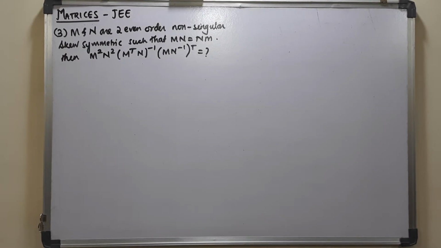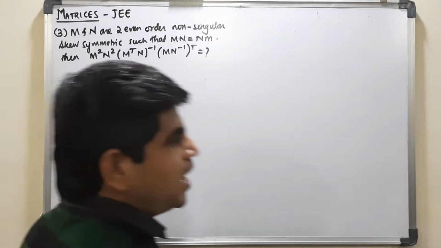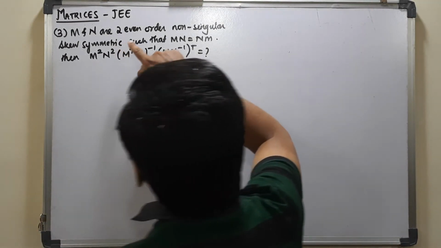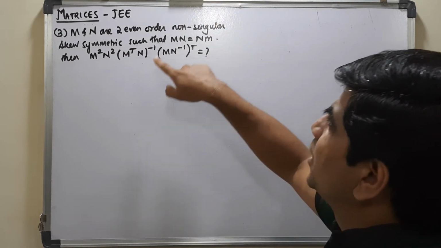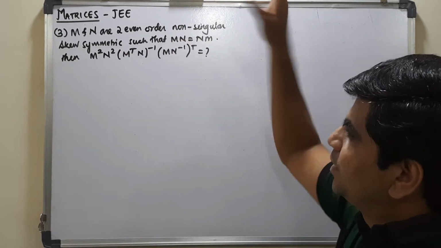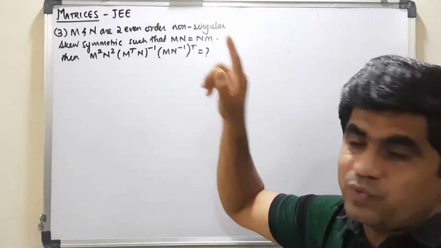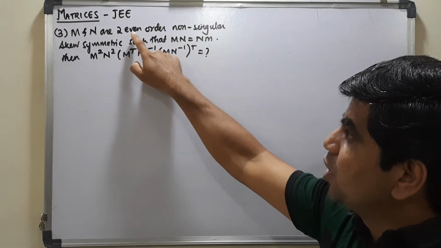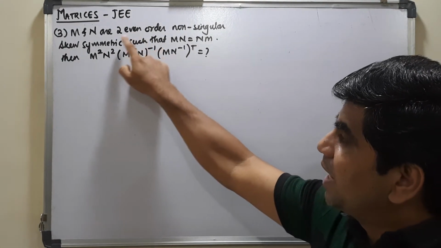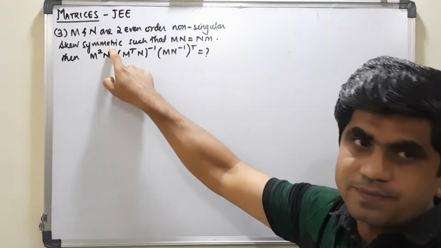Now coming to the question, it says that M and N are two even order, this is very important, not odd, skew symmetric matrices.